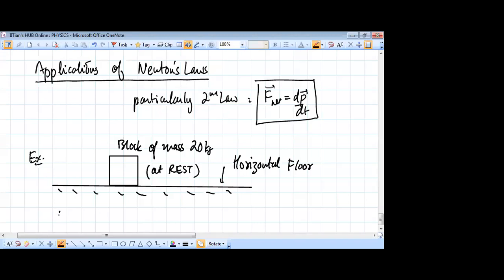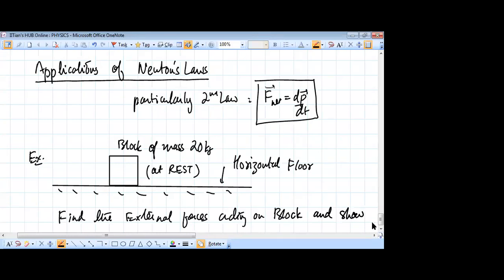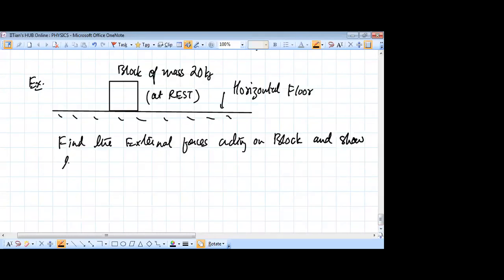So we want to find the external forces acting on the block and show the application of Newton's second law on it.